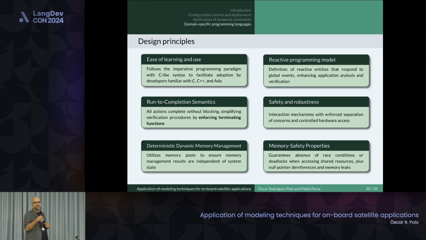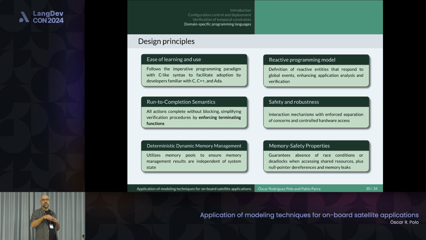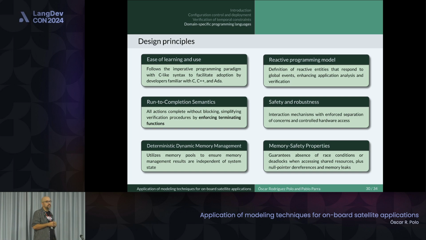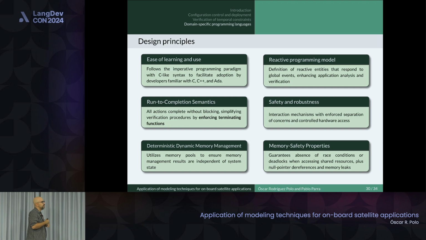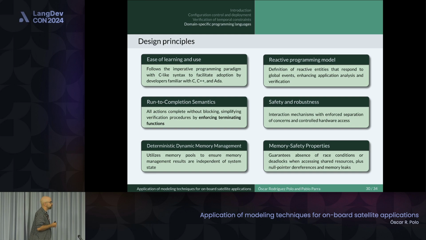At the language level, we have event emitters, tasks, and event handlers, and the existence of these elements at the language level will allow us to enhance the capabilities of performing later analysis and verification on the generated code.